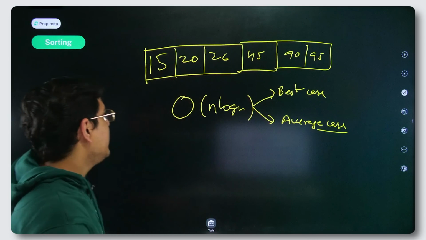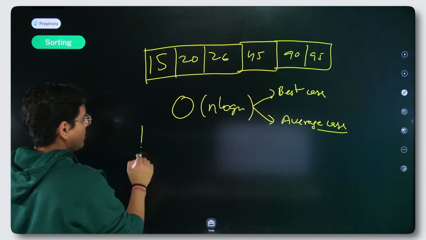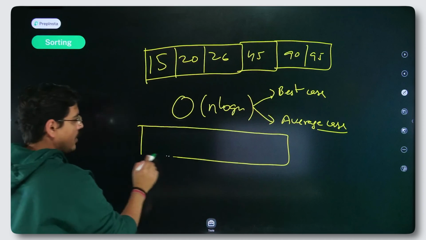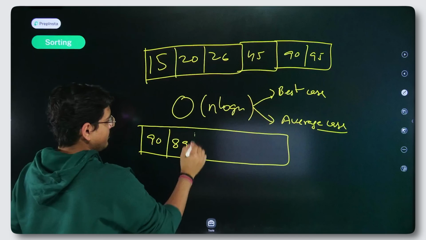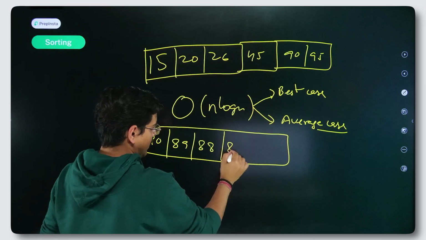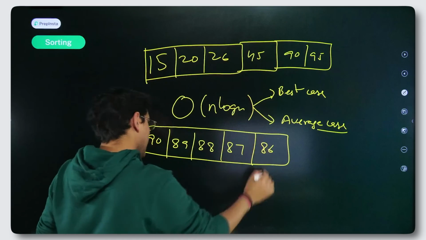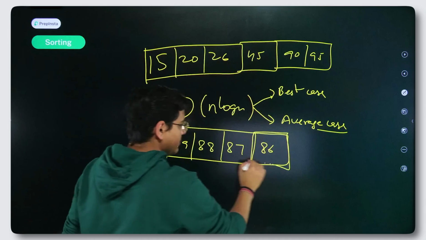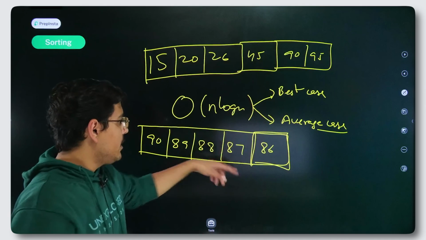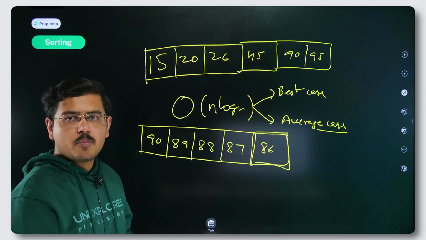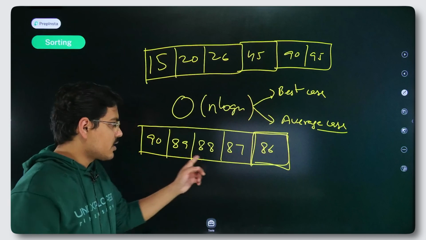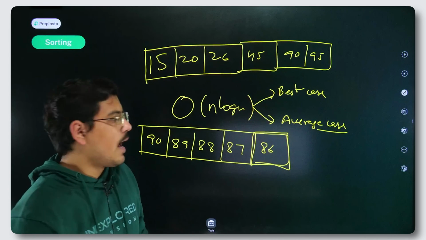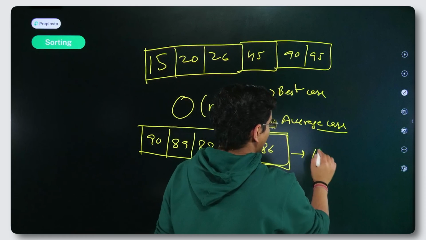But in the worst case, where you have something like this, 90, 89, 88, 87, 86, and you keep this as pivot, fine. So every time you'll have to push back. This is the worst case to sort, right? So in this worst case to sort, you'll have order of n square.